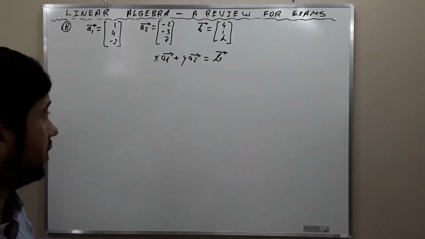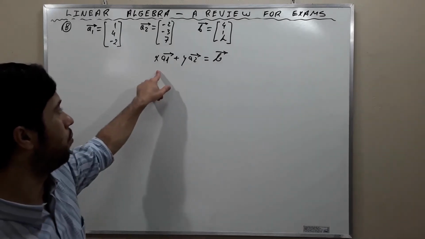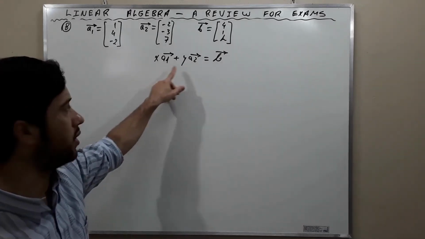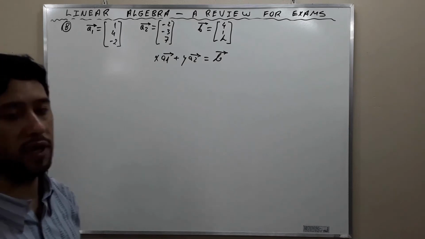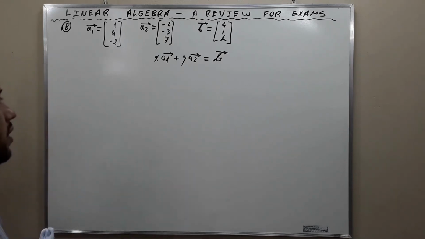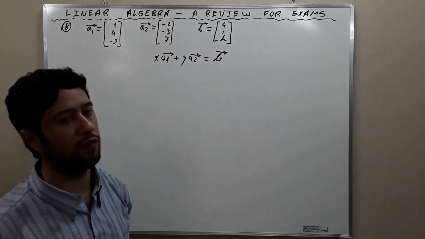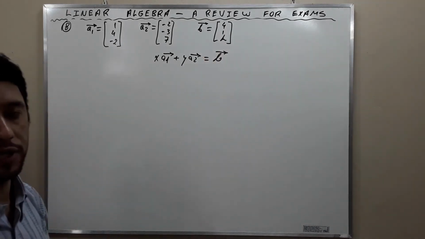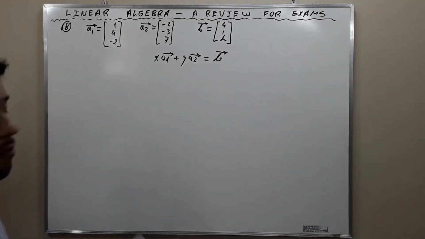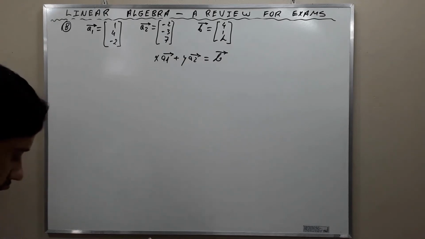If b can be produced by combining linearly a1 and a2, then b is in the span of a1 and a2, and we want to find values of h that cause it to happen, that make it possible, okay?